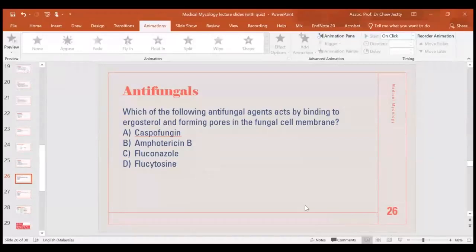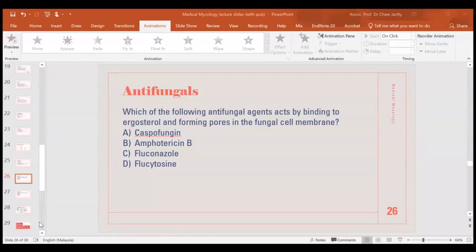We have caspofungin, this is an echinocandin. We have amphotericin B, part of the polyenes. We have fluconazole, which is an azole, and we also have flucytosine. Amphotericin B. Okay.